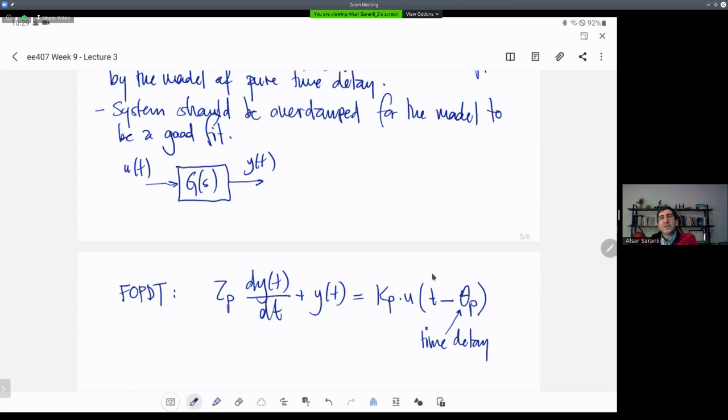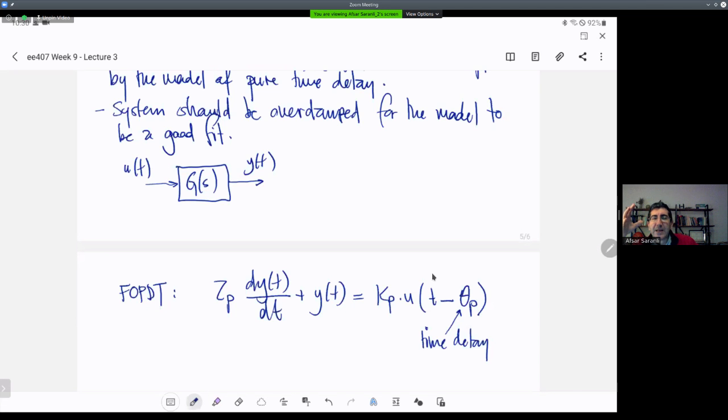We assume that the input experiences a pure time delay, and then it goes into a first order differential equation. Now you might think this is difficult to find, but in reality it's everywhere.